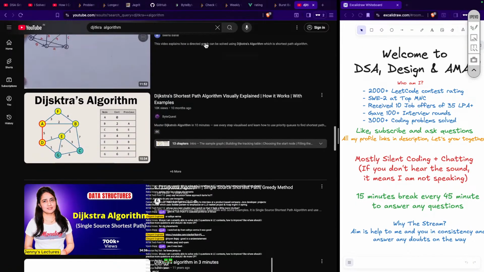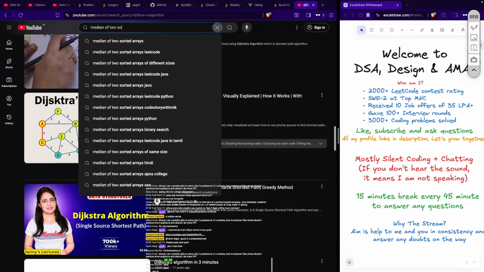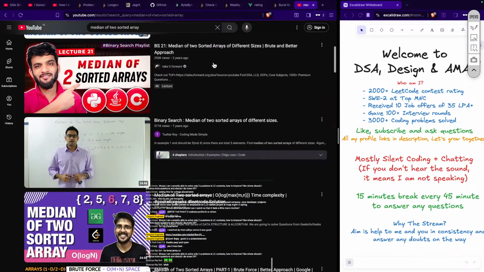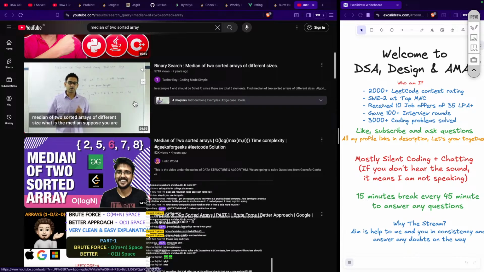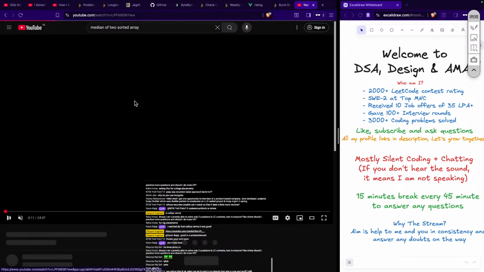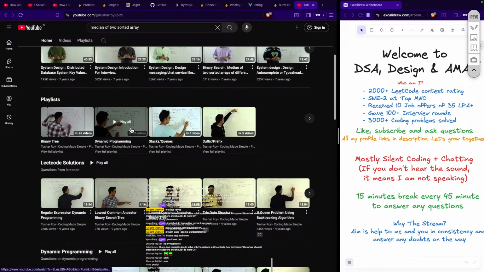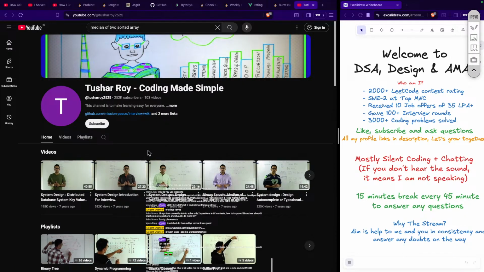Median of two sorted arrays. Yeah, this is Tushar Roy. He said something about this channel also. In that he just draws the table directly. A lot of things he said. That is right also. So if we go here, but at that time I think no one did that. He's also from IIT if I remember correctly.